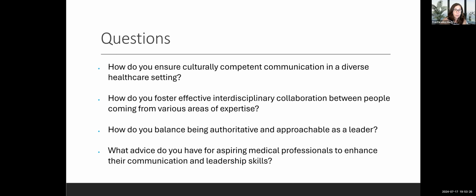Whereas when I have to interact with my American counterparts, it's not uncommon that they get right to the point, and they have no fear of telling you what their views are, whether it's good or bad. It's almost like there's absolutely no filter. So I think that is very important.